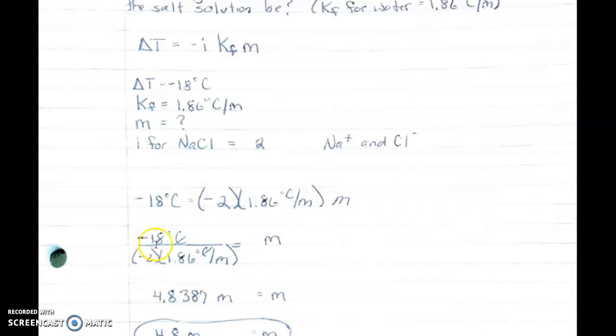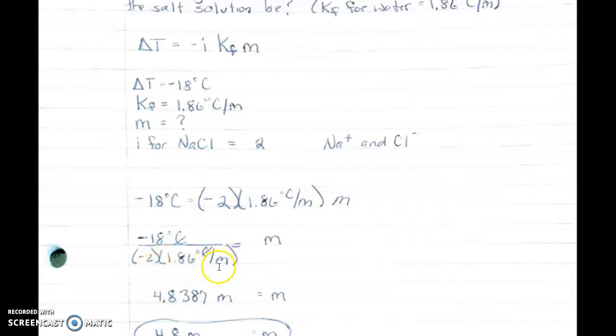And we would be left with, on the left side, negative 18 degrees Celsius divided by the product of negative 2 times 1.86 degrees Celsius per molality. And we know that those degrees Celsius will cancel, and molality will then be, because this is 1 over, if you remember your algebra, which I'm not going to go into right now, this will become in the numerator.